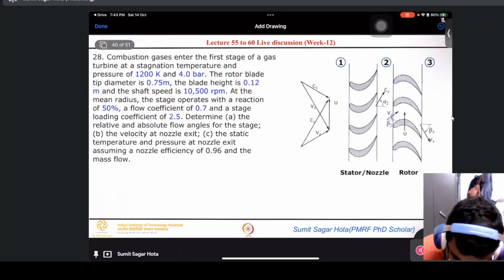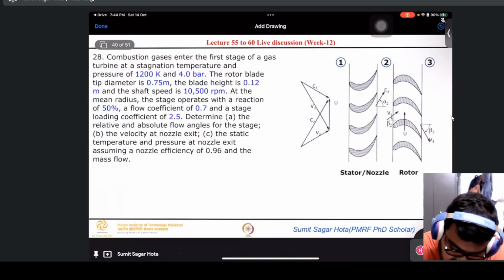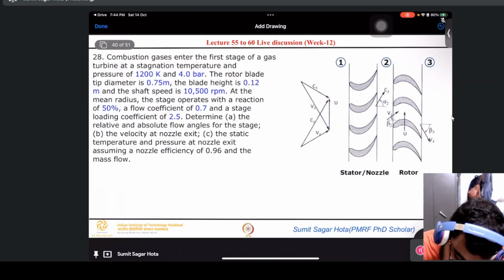The combustion gases enter the first stage of a gas turbine at a stagnation temperature and pressure of 1200 Kelvin and 4 bar. The rotor blade tip diameter is 0.75 meter, the blade height is 0.12 meter and the shaft speed is 10,500 rpm. At the mean radius, the stage operates with a reaction of 50%, a flow coefficient of 0.7 and a stage loading coefficient of 2.5.